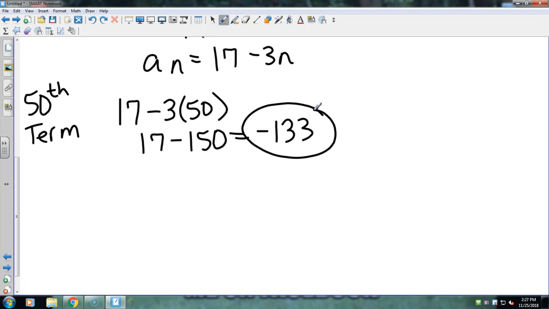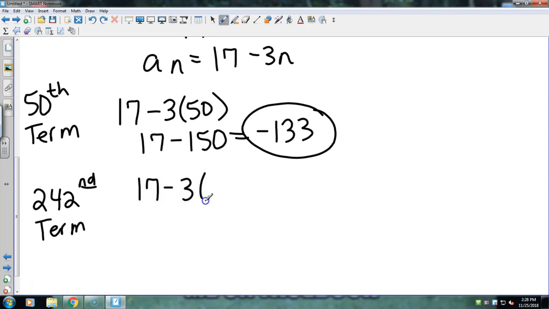Now, what if I wanted to find the 242nd term? That's going to be 17 minus 3 times 242.